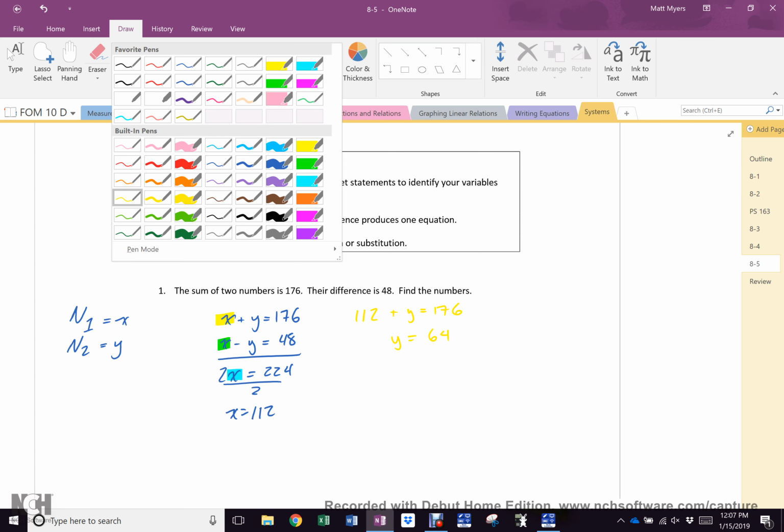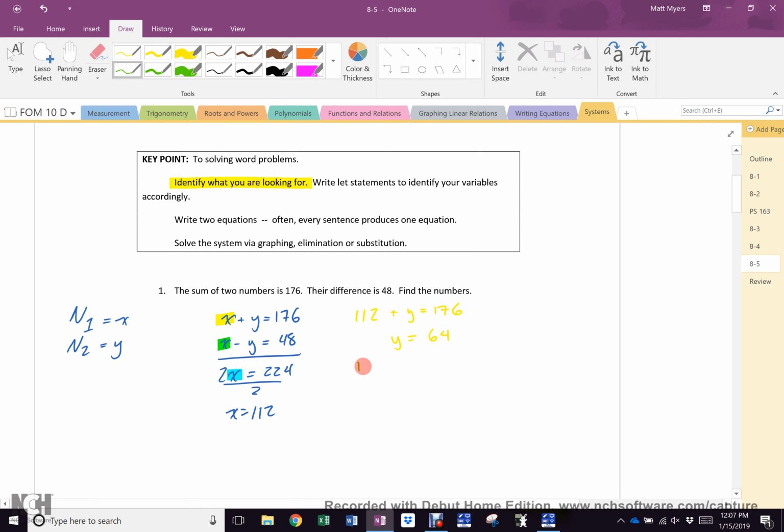If I wrote it here in green, it would be 112 minus y equals 48. Minus y equals negative 64. So y would equal 64.